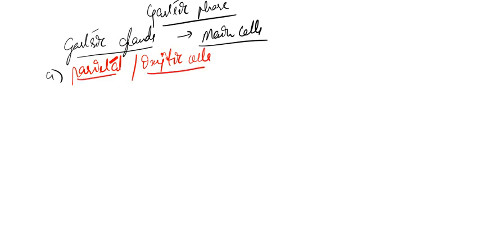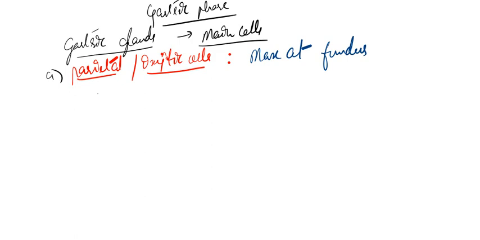No need to revise a second time if you listen the first time. These parietal cells and oxyntic cells are maximum at the fundal region, the fundus of the stomach.